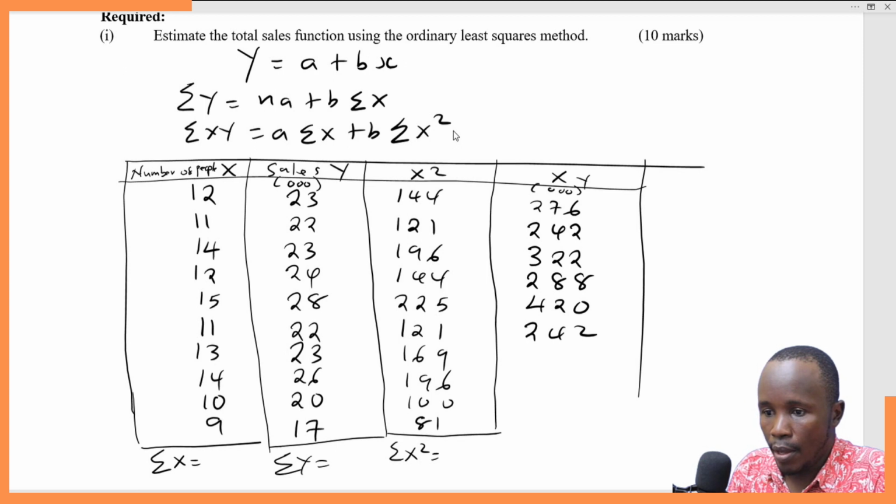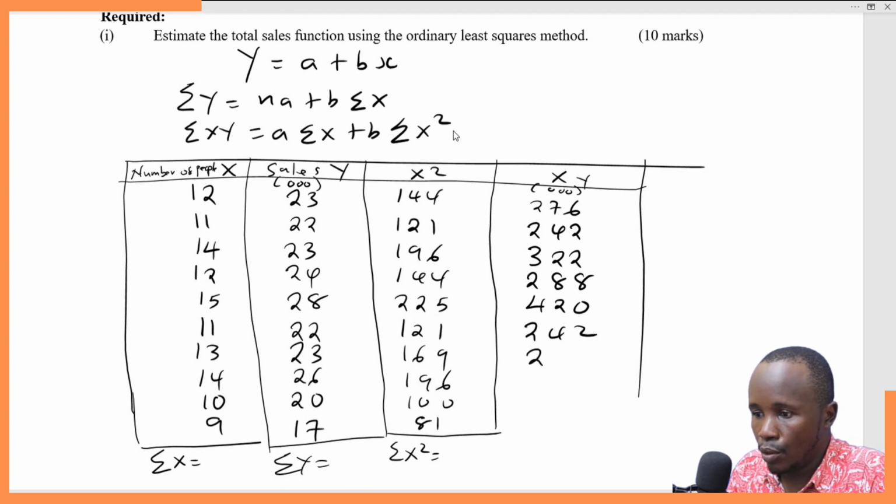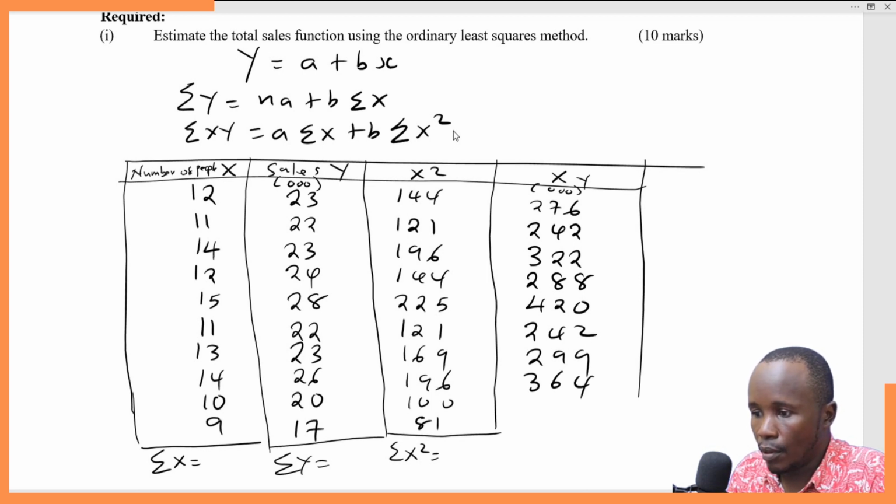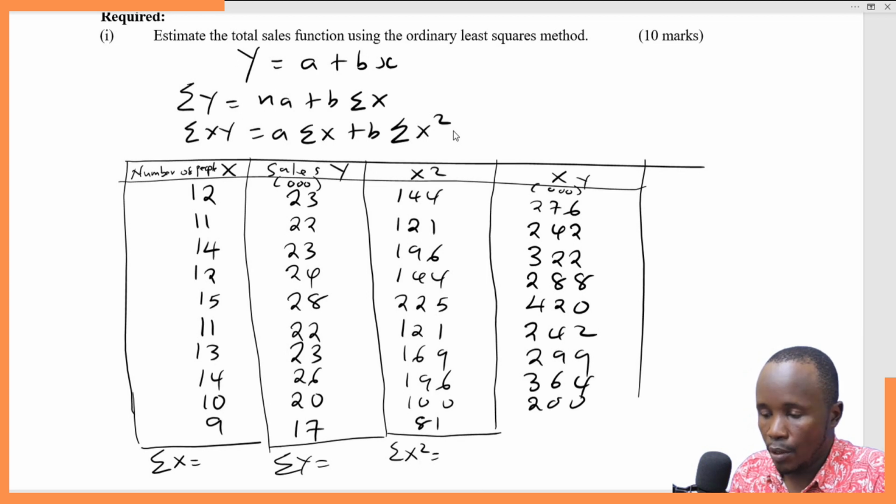Then 13 times 23, 299. 14 times 26, 364. Then this is 200. And finally, 9 times 17, 153.